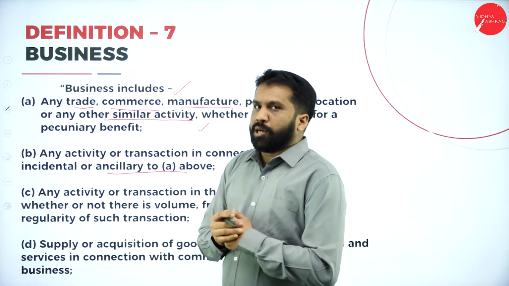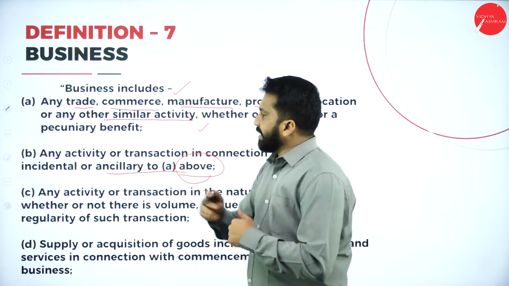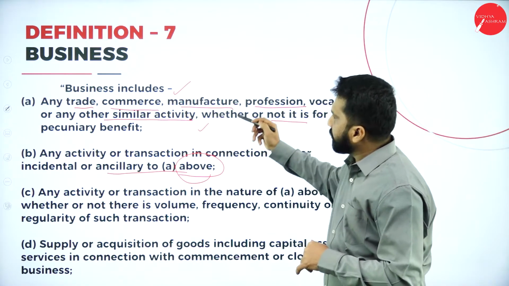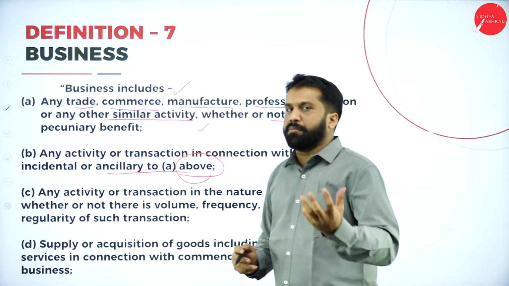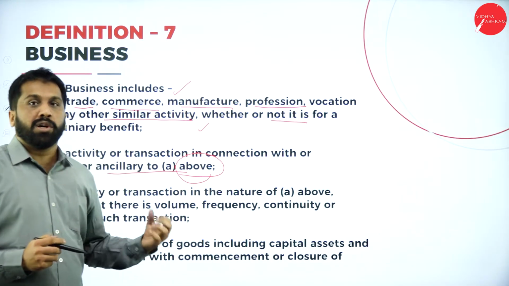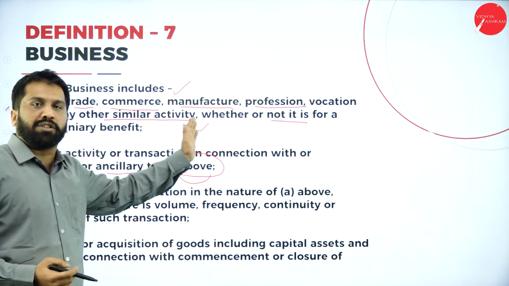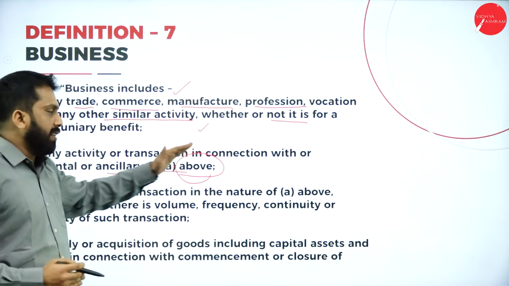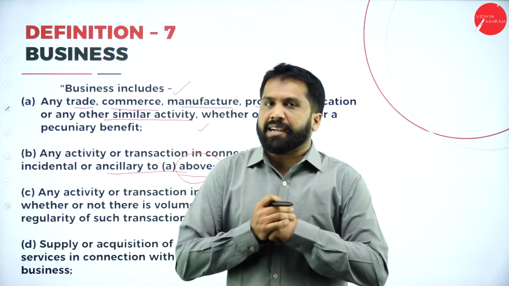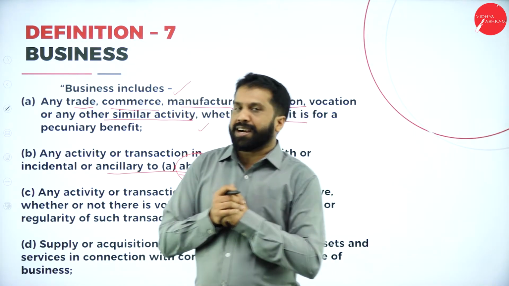Why they have mentioned incidental or auxiliary, it is nothing but whatever we have discussed like commerce, trade, manufacturing, your profession, your services, vocations, all directly. These are the first point, we call it as direct. The second point, we call it as indirect. Like I can take an example of manufacturing of Fiat cars.